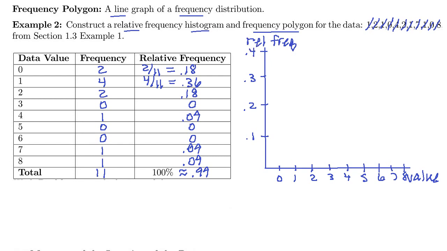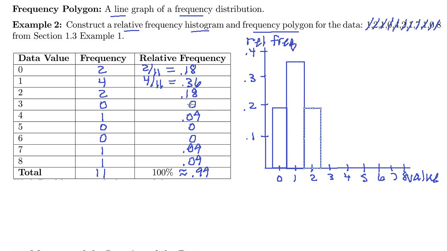So our first bar is going to be centered over 0 with a height of 0.18. So about like that. And then bars centered over 1 of height 0.36. About like that. 0.18 height over 2.